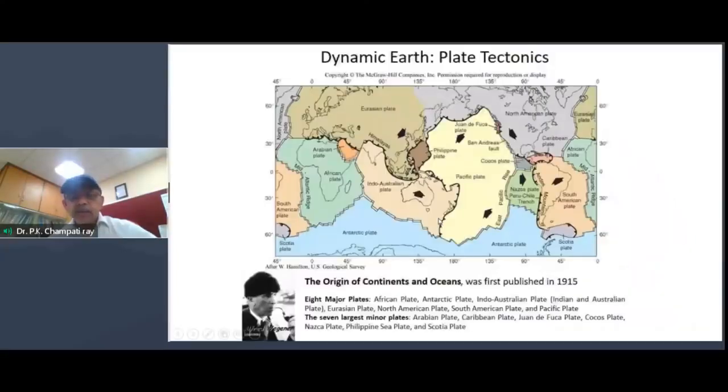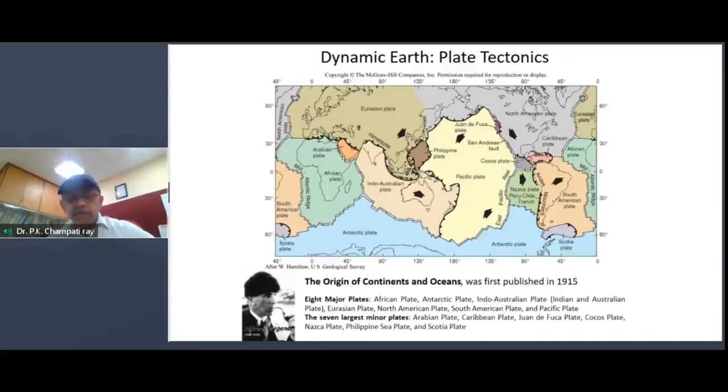Now, regarding the number of plates, every part of planet Earth consists of a number of plates. We have the prominent plates; there are 8 major plates. The theory of plate tectonics was first published in 1915 by Alfred Wegener.